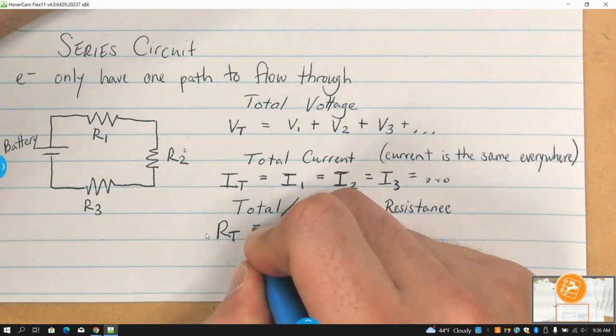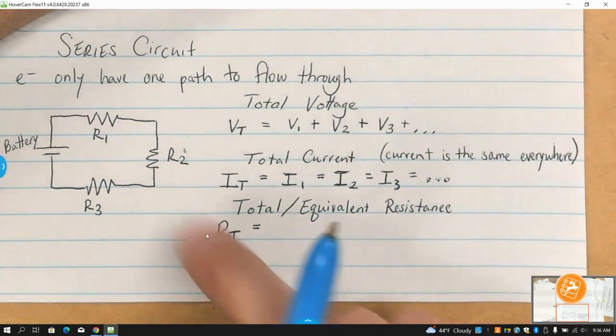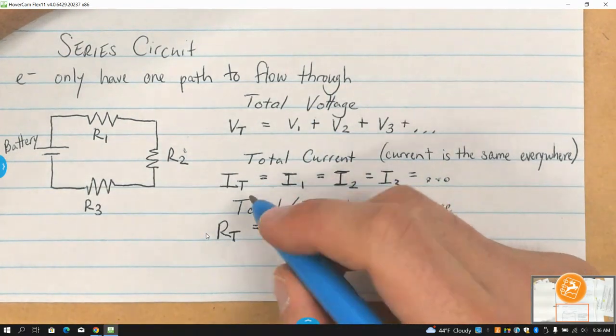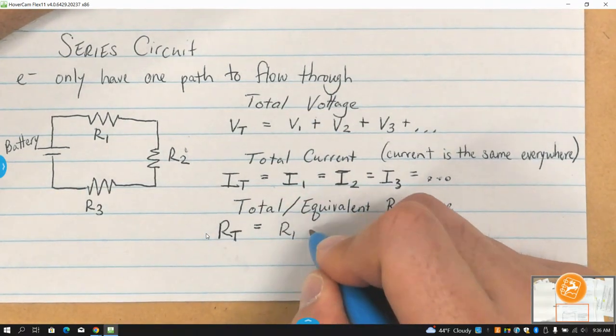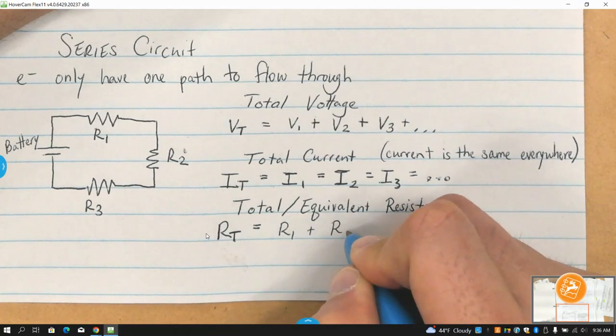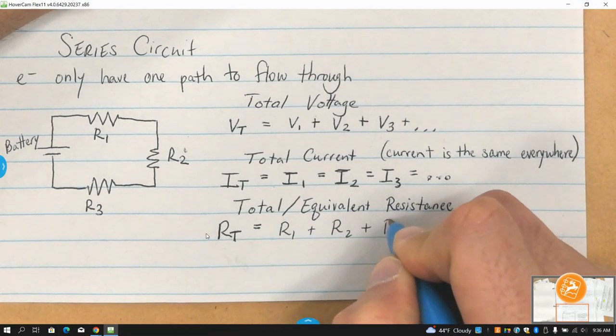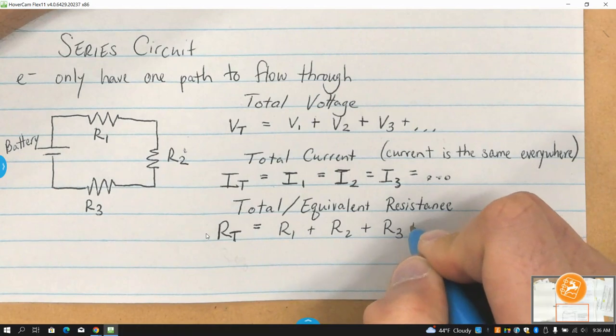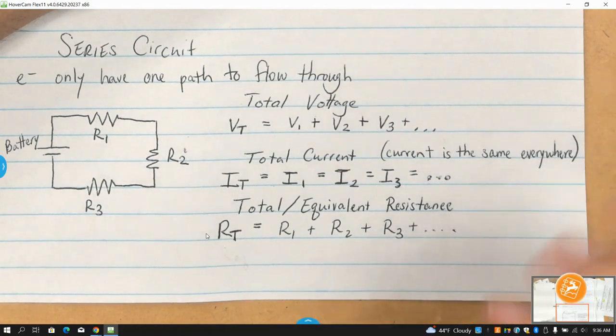So the total resistance is literally you add all the values together. R1 plus R2 plus R3, and if there's more, you add them all up.